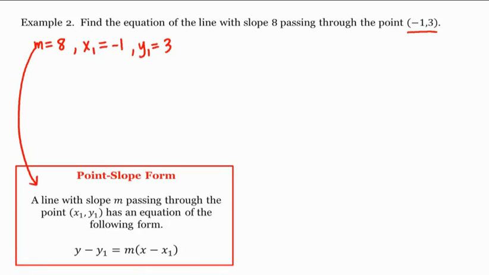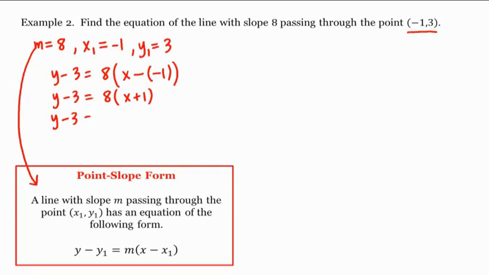So plugging those values in here gives us y minus 3 is equal to 8 times (x minus negative 1), be careful, or y minus 3 is equal to 8 times (x plus 1). Now distributing the 8, we have y minus 3 is equal to 8x plus 8. And adding 3 to both sides gives us y is equal to 8x plus 11, which would be our answer.